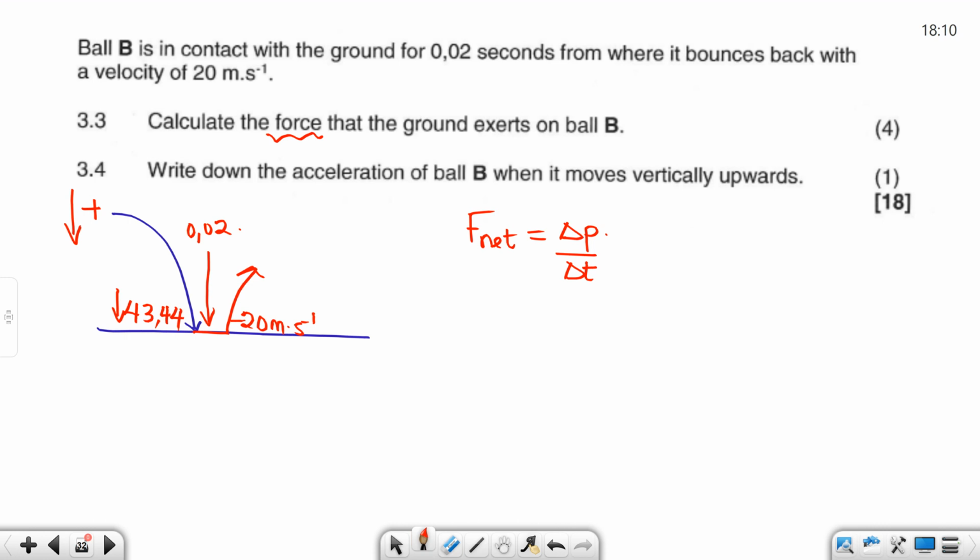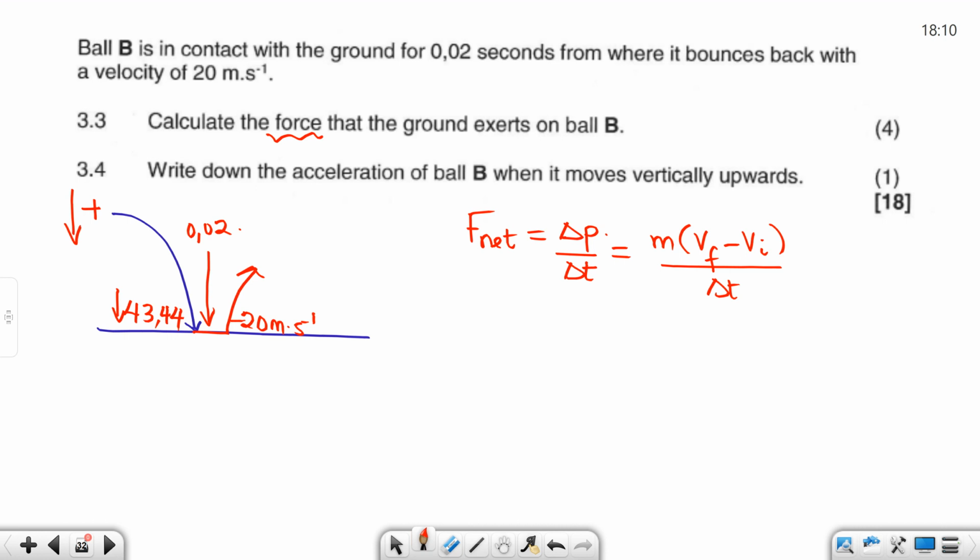What is my change in momentum? This is m(Vf minus Vi) over change in time. This is the place now that we are introducing mass. Do you notice all along the mass had not played any role? But we know F net equals ma.